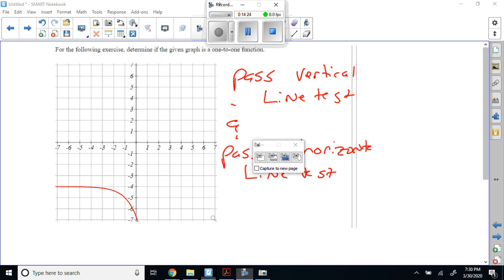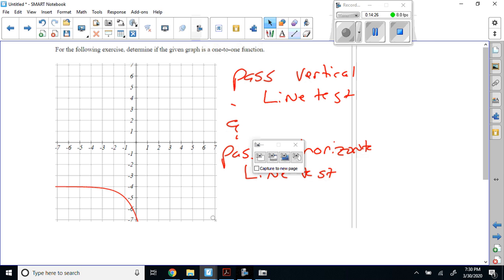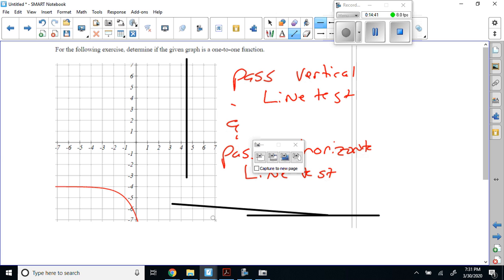So if I were to go grab, move this over, if I go grab a vertical line and move it from left to right, it passes a vertical line test. But if I were to go and grab a horizontal line, then, dang it.